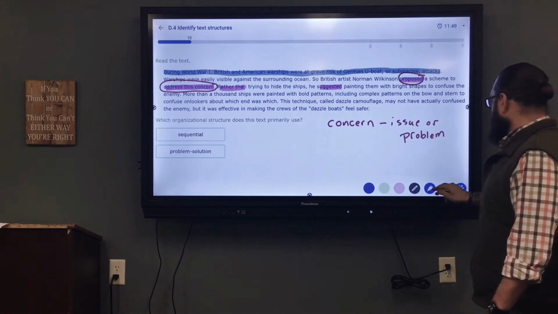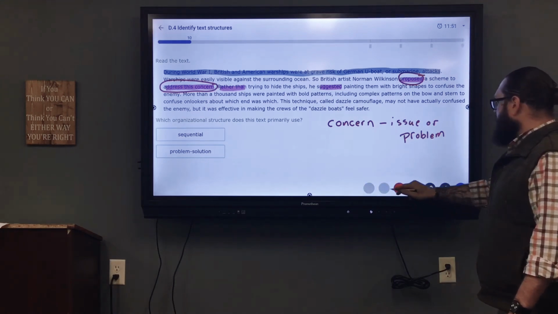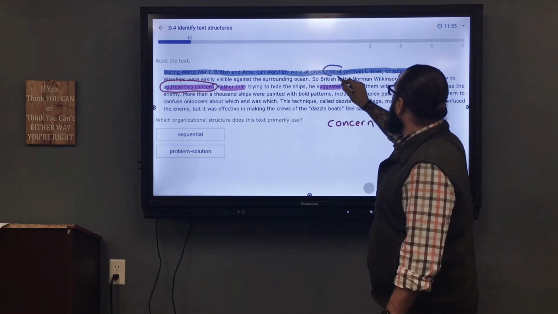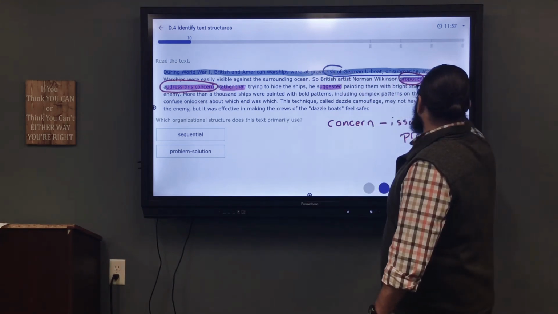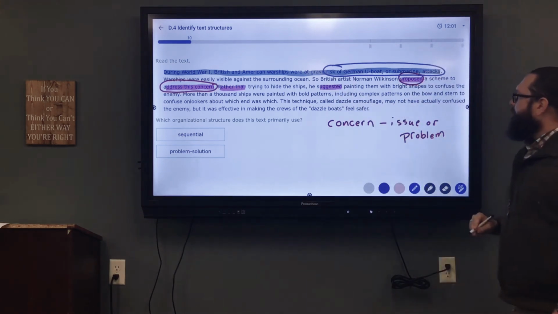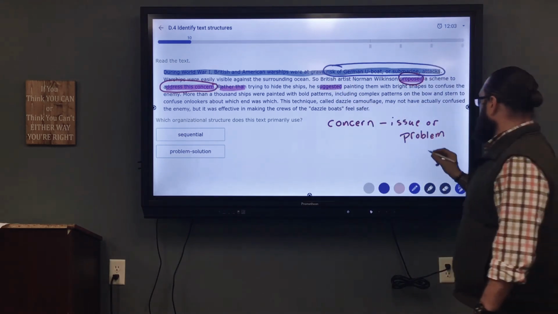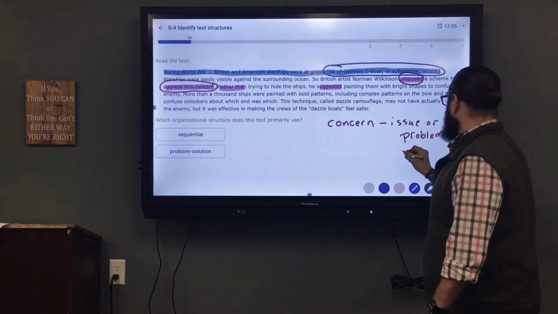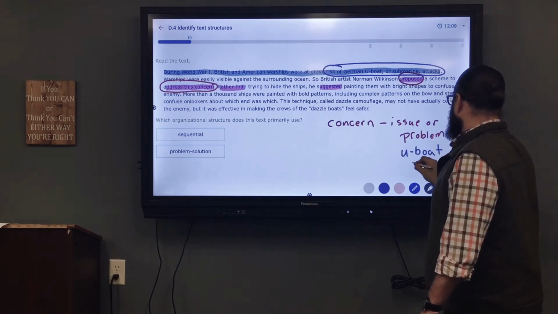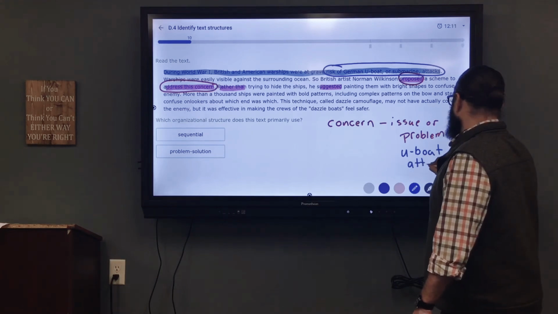So the concern, of course, is the risk of German U-boat or submarine attacks. So that's our problem.